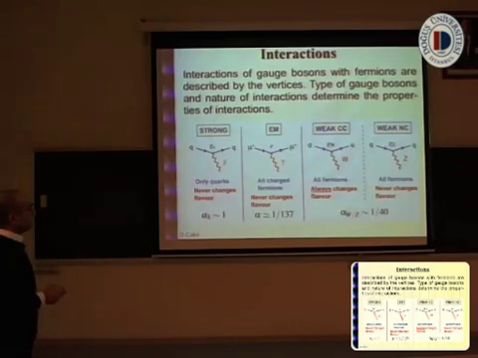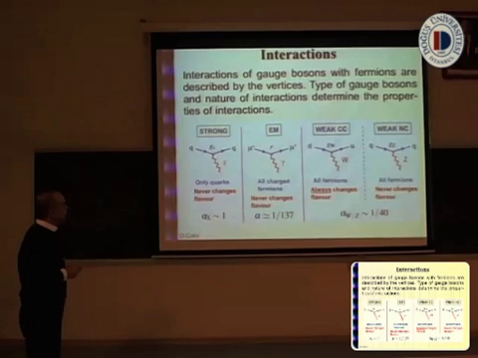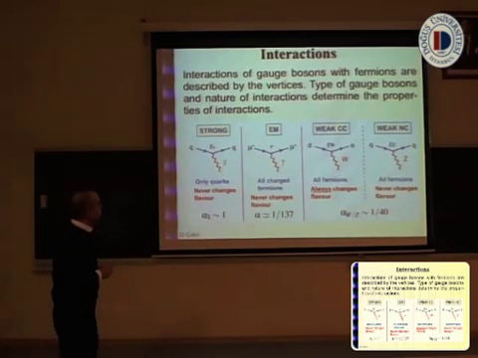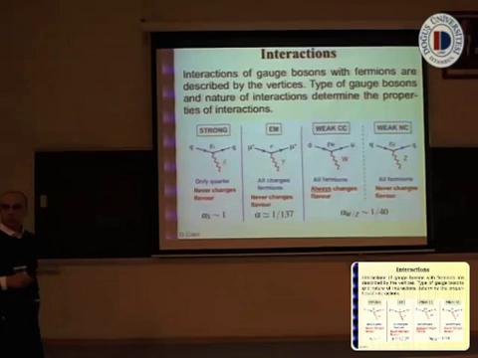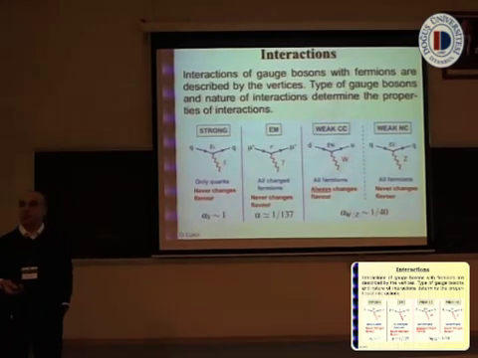Gauge bosons interact with the fermions as described by the vertices. Here there is a strong interaction vertex, and the coupling strength is given by g_s here. Quark and gluon vertex, muon, antimuon, and photon vertex. The coupling constant is given here, e. e means electromagnetic coupling constant.